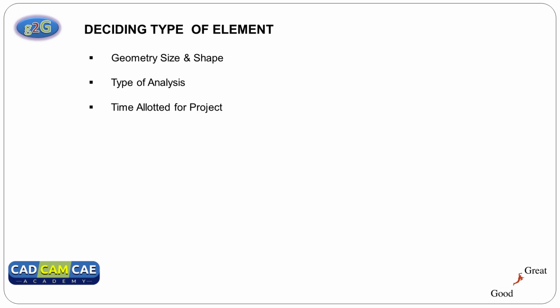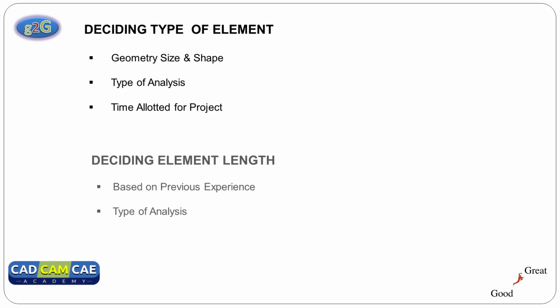It also depends on the type of analysis, whether it is a drop test, impact test, frontal impact or rear impact. All these factors determine the choice of element type and element size, the element edge length. We can decide this from previous references and experience, and the type of analysis we are going to perform.